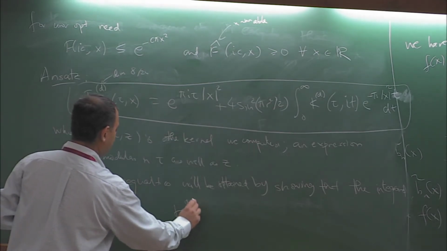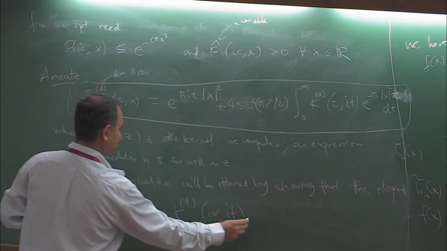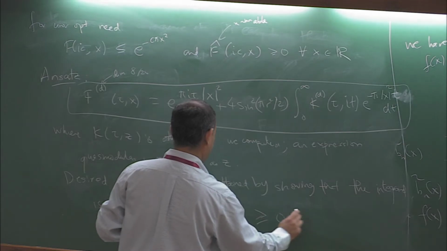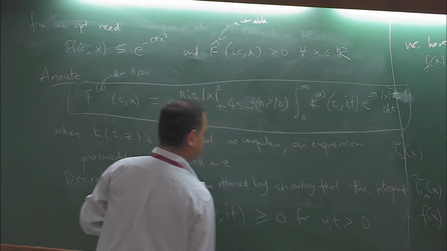So namely that k_d of i alpha, i t, that's always non-negative for alpha and t greater than 0.